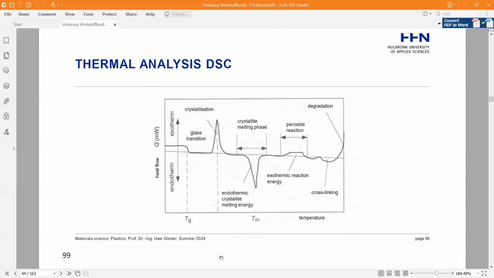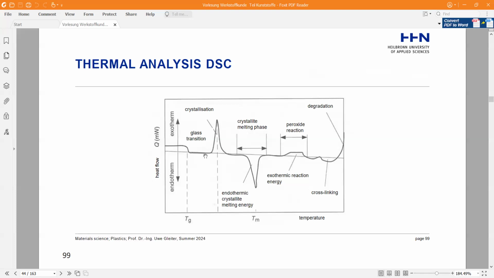Here we have on the x-axis temperature, and heat flow in milliwatts. So Tg, glass transition, and we have here endotherm heat flow and exotherm heat flow, and between glass transition and crystallization point there is a plateau.